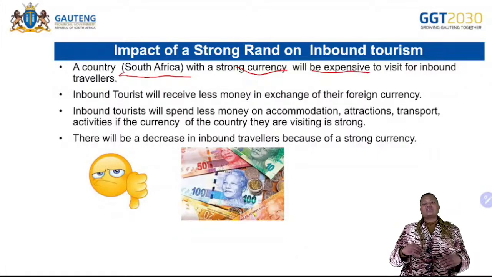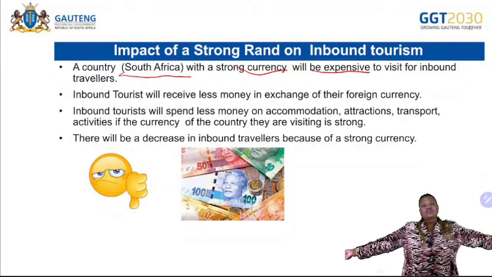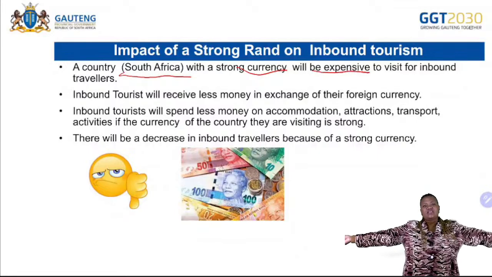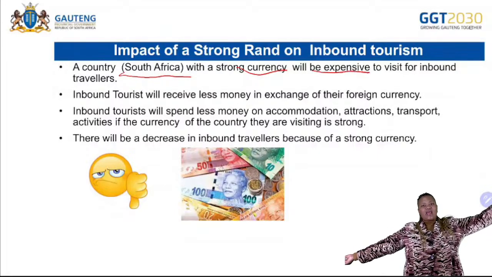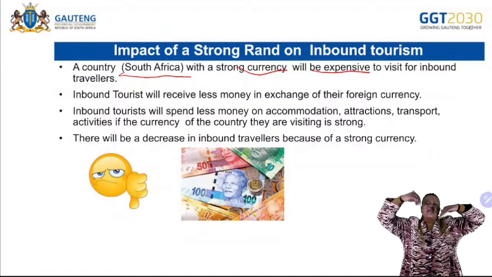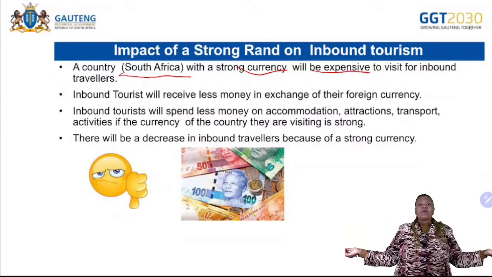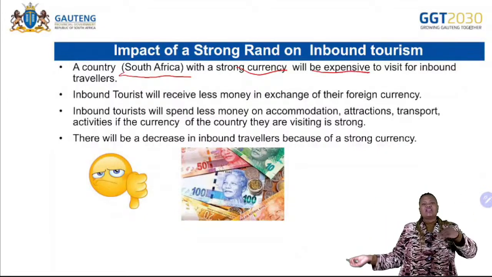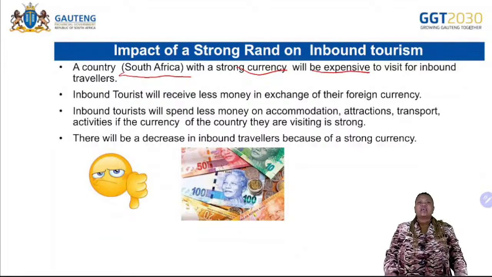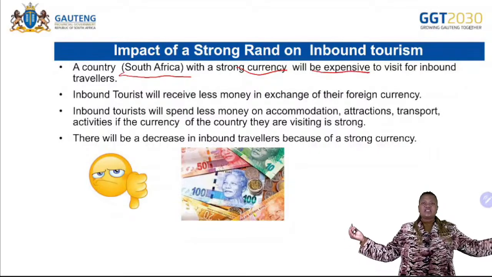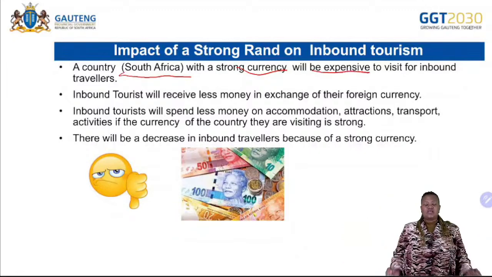When I say inbound and my hands come in, I'm referring to tourists coming into our country. In this instance, inbound tourists would be foreign or international tourists coming into South Africa.